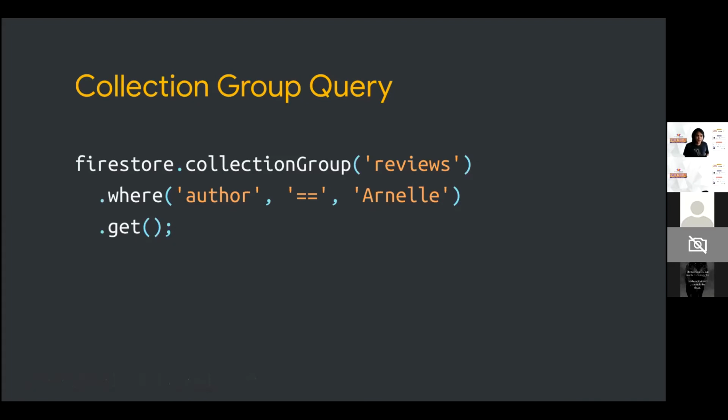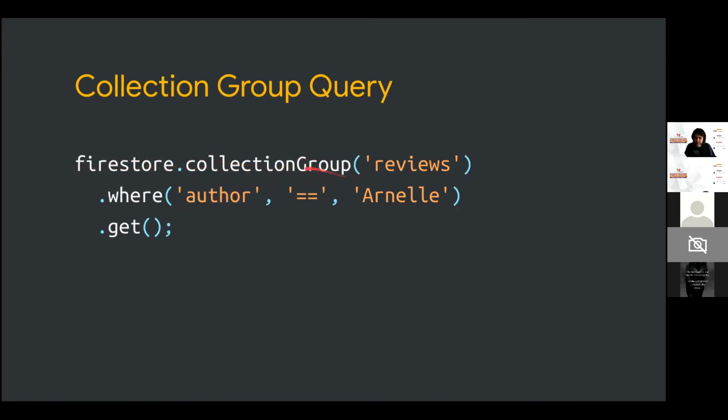Another thing we mentioned earlier is collection group query. It's when we want to perform a query that involves multiple collections, especially useful when we want to query across sub-collections, like our reviews sub-collection. Nothing's different here actually. If you're familiar with performing Firestore queries on a collection, it looks exactly the same, except we call firestore.collectionGroup.